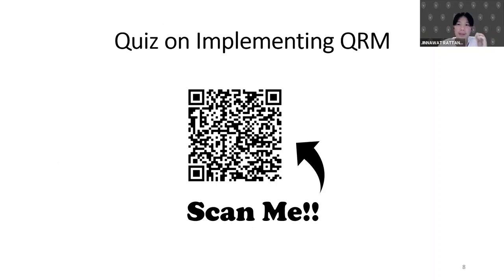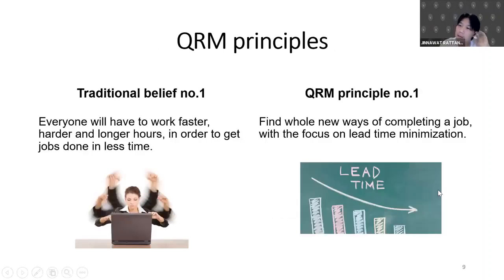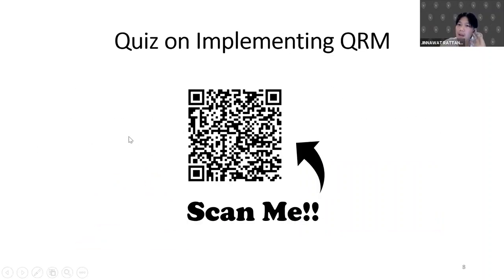Before each factory applies this QRM project, all of them have to do this quiz, as if they have many wrong answers, it will be an obstacle for them to apply QRM to the system in the future. I think it's just 10 minutes to do the quiz.